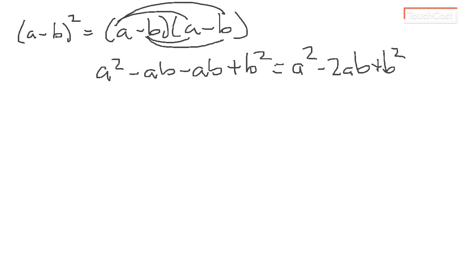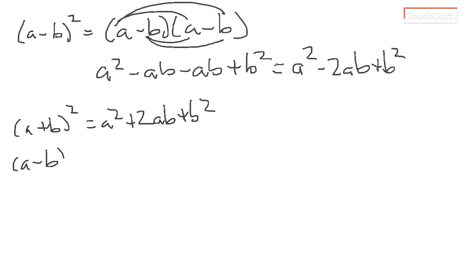If we have a plus b squared, we're going to get a squared plus 2ab plus b squared. If we have a minus b squared, that gives us a squared minus 2ab plus b squared.